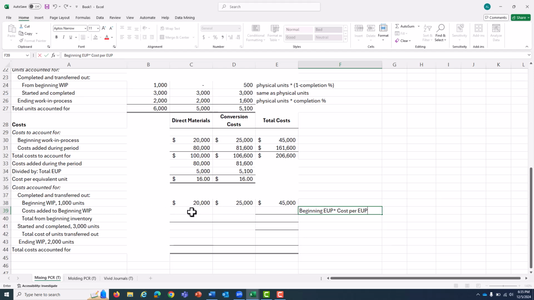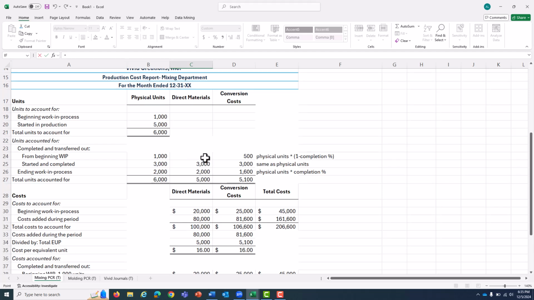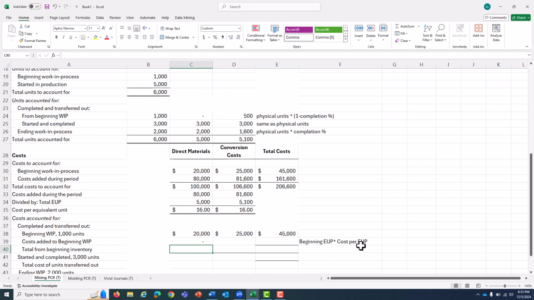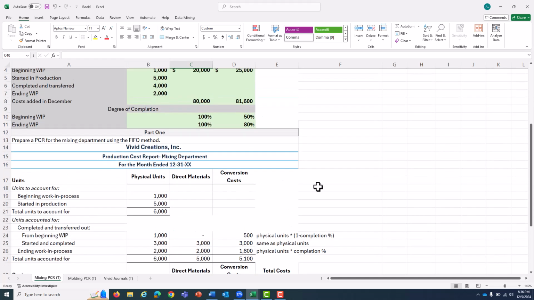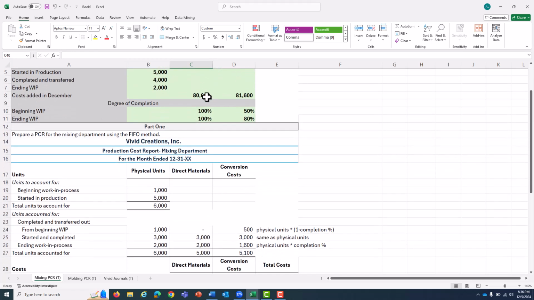So our equivalent units of production for beginning WIP for materials up here was 0, and each one cost $16. So if you multiply those two together, because everything multiplied by 0 is 0, you get 0. We didn't have to add any cost for materials to our beginning WIP because that beginning WIP was already 100% done for direct materials when the period started.